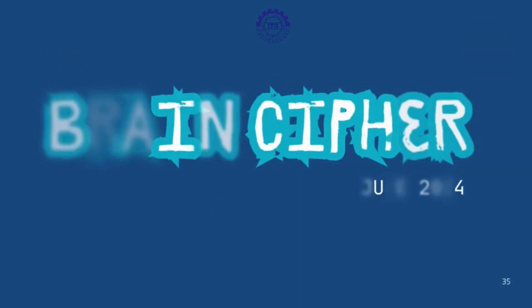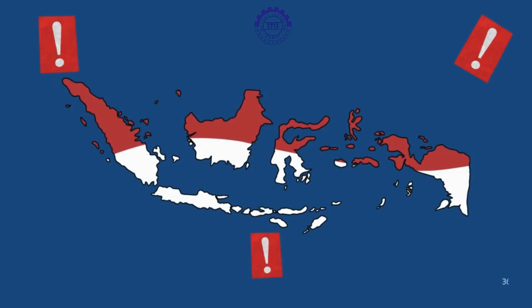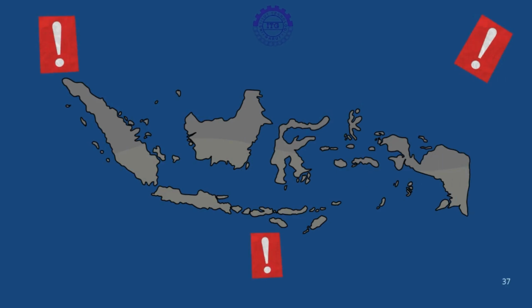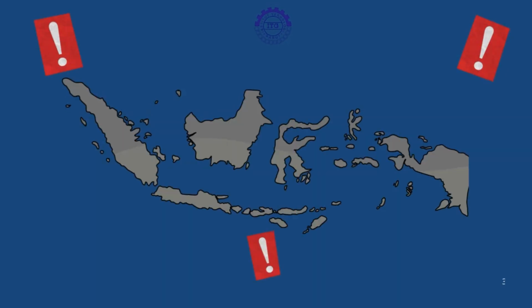The second case is Brain Cipher, which occurred in Indonesia. Sadly, the victim was the Ministry of Communication and Information Technology, called Kominfo in Indonesia. In June 2024, a ransomware group called Brain Cipher attacked Kominfo's temporary data center.